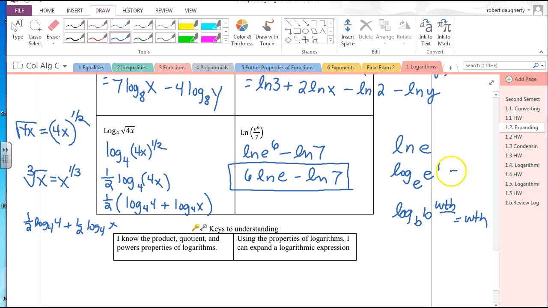This is just 1. These are inverse functions of each other. So if you take e to the 1 and then take the log base e of that, you get 1. You get what you started with. So this is just 6 minus natural log of 7. Either of these would be good answers. Like I said, I'm not requiring you to go all the way there, but that one could go a little bit further.